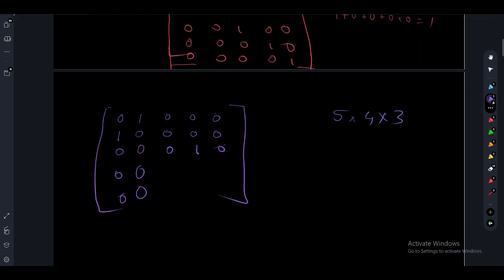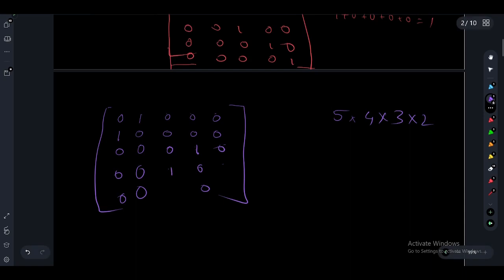Now when I use 1 here, this must be 0, because the addition of this column must be 1. Now how many ways can I put 1 in this row? Obviously there are only 2 ways: either I can put it in the third column, or in the fifth column. So there are 2 ways, so you should multiply by 2.